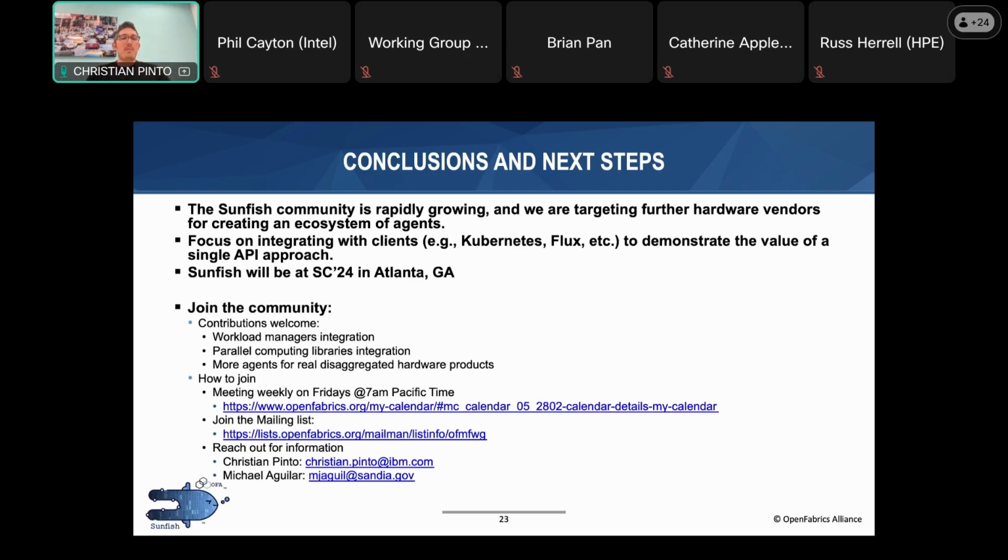For instance, we want to have proper integrations with Kubernetes for the cloud side, or Flux for the HPC side, and demonstrate that all of these clients, even though they are from completely different domains, still use the same API. And this year, we're going to be at Supercomputing 24 in Atlanta. So come visit us. The details will be made available in due course.